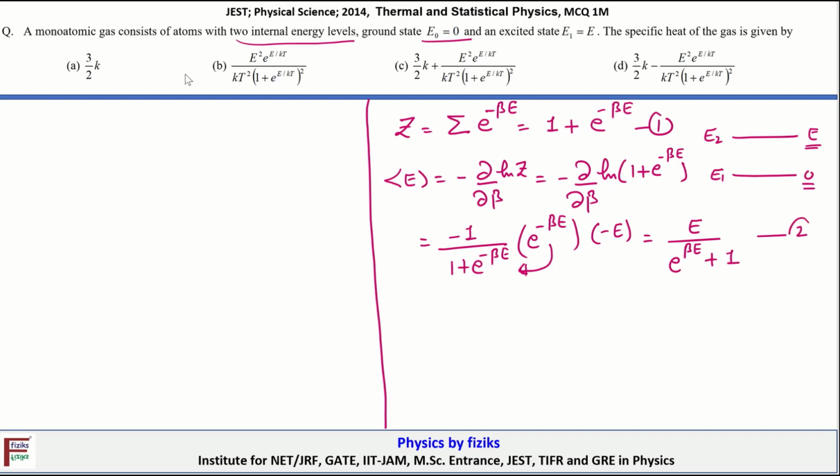Let's call this equation 2. Equation 2 gives us the average energy of the system.